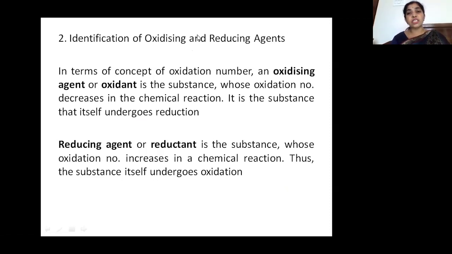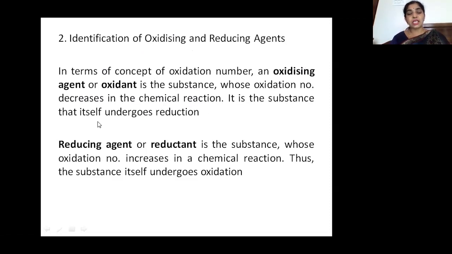Identification of oxidizing and reducing agents. In terms of the concept of oxidation number, an oxidizing agent or oxidant is the substance whose oxidation number decreases in the chemical reaction, because it accepts electrons, it gains electrons. As a result, oxidation number decreases in the chemical reaction.